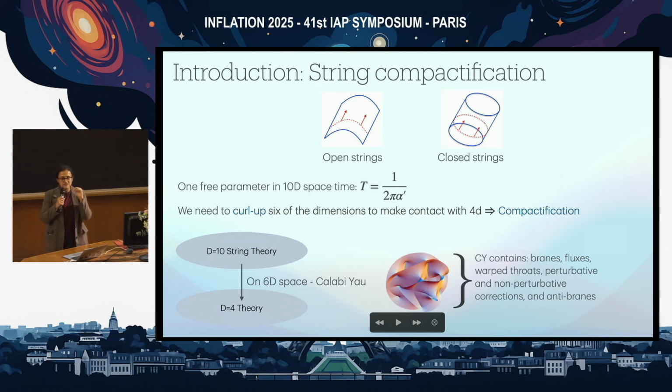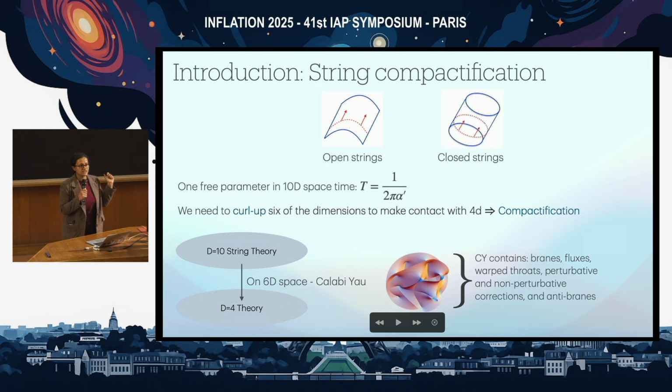Because the Calabi-Yau manifold contains all the information of the extra dimensions, the Lagrangian that I'm going to write, which contains the potential energy and the kinetic energy, that potential energy which will help us to drive inflation is going to have an origin from string theory, as well as the scalar fields driving inflation. I'm going to try to find an origin for that from string theory.